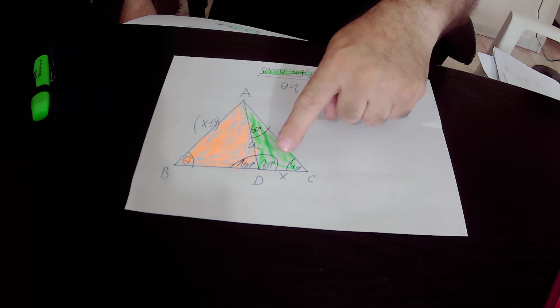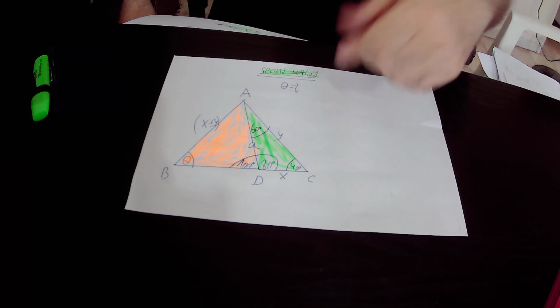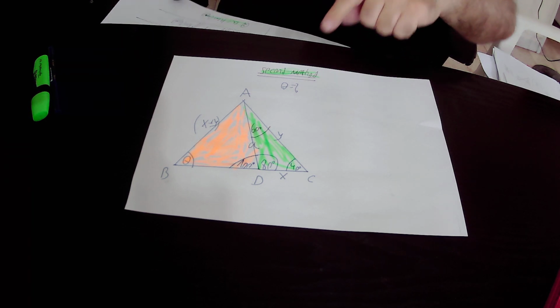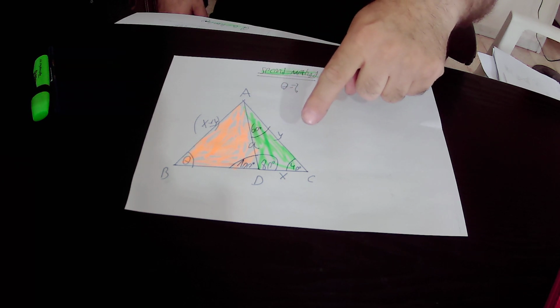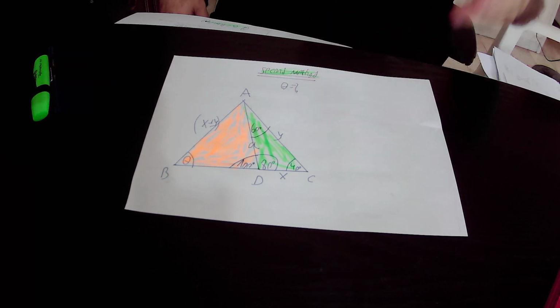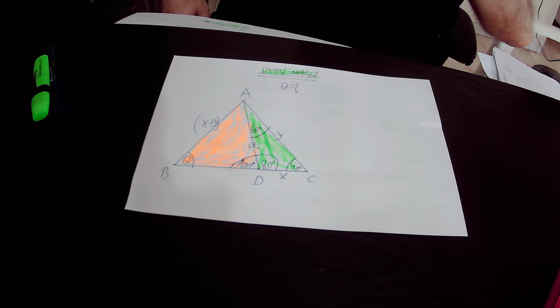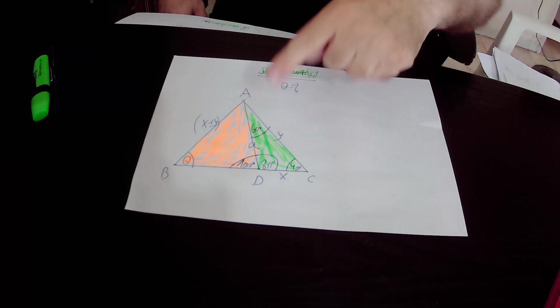This angle equals 80 degrees, this angle equals 40 degrees. 80 degrees plus 40 degrees is 120 degrees, so this angle must be equal to 60 degrees because 60 degrees plus 120 degrees is 180 degrees. That is the sum of the angles in any triangle. Okay, then we define side AD as a.